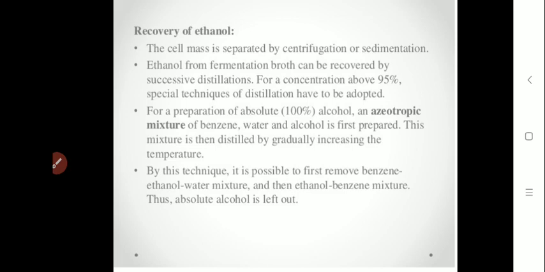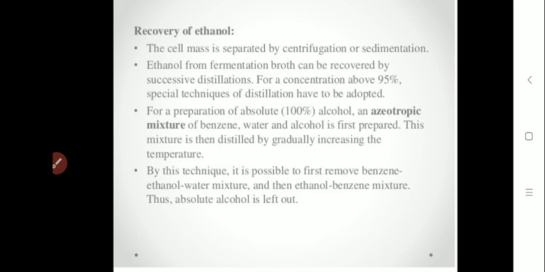Here we prepare absolute 100% alcohol for the distillation process, and an azeotropic mixture, meaning a mixture of water, benzene and alcohol, is prepared.